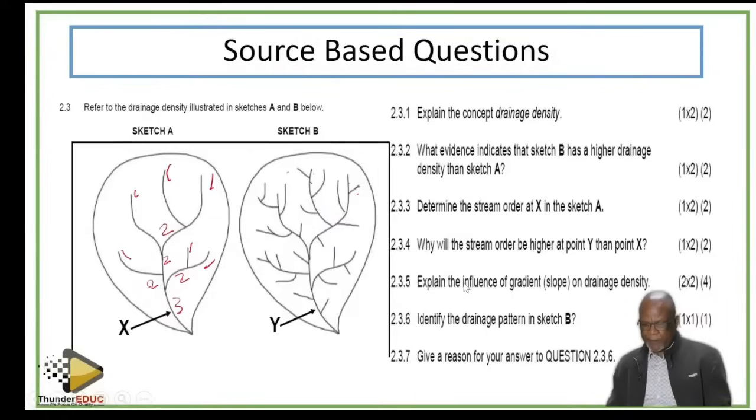Let's finish these questions. Explain the influence of gradient or slope on drainage density. How does the gradient influence density?